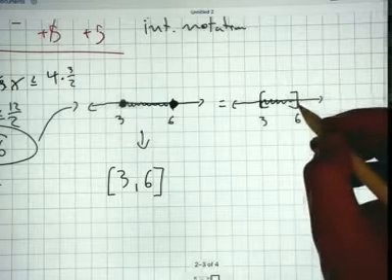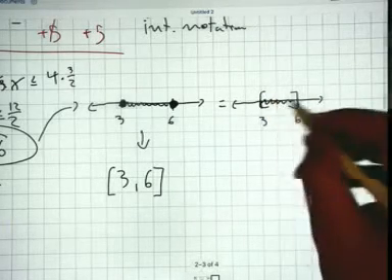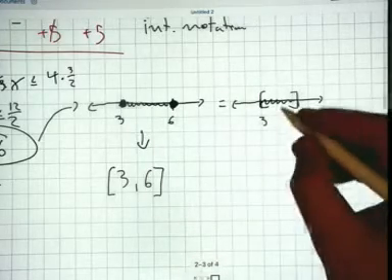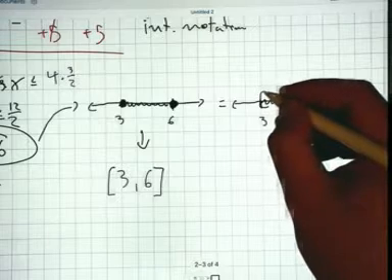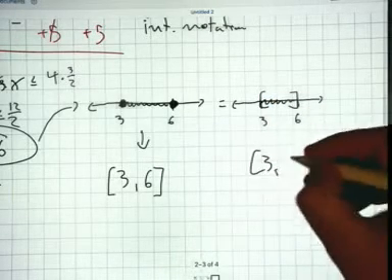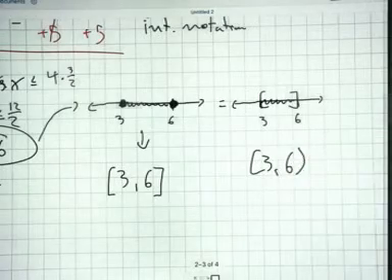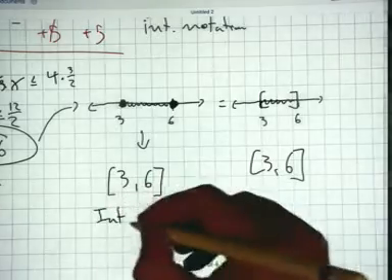So you might see some textbooks or answer keys represented like this, where they use the brackets instead of circles. And the brackets are just a way to say that we include the 3 and the 6 in our solution. And again, this is not a parenthesis, but a bracket. This is our interval notation.